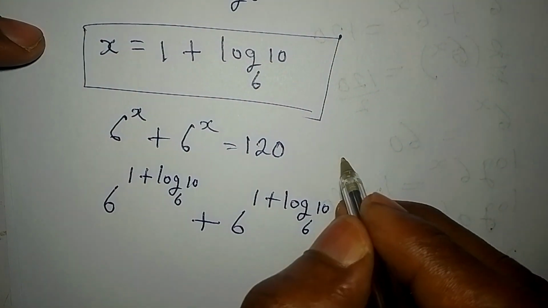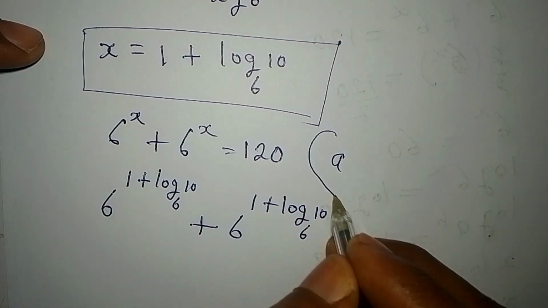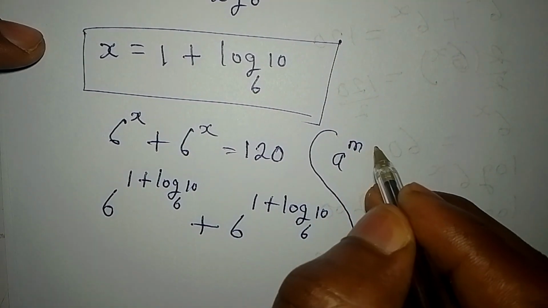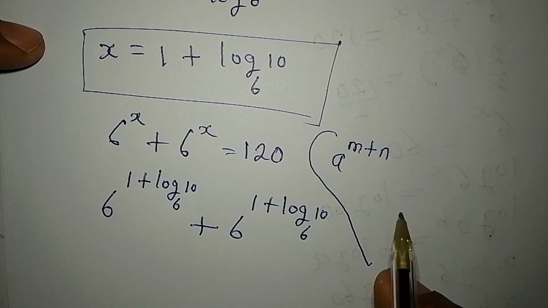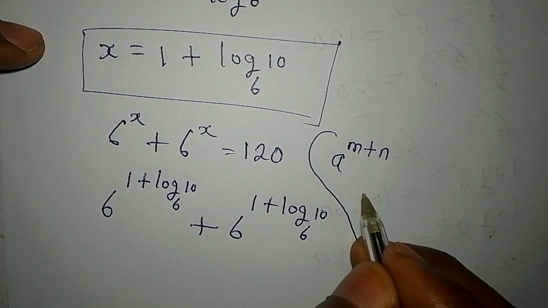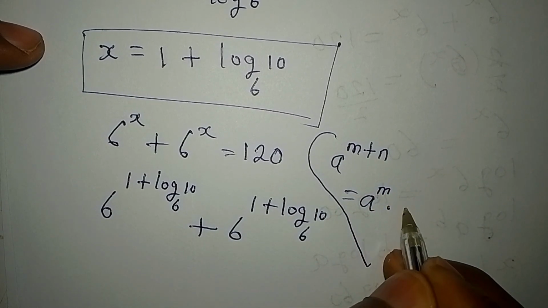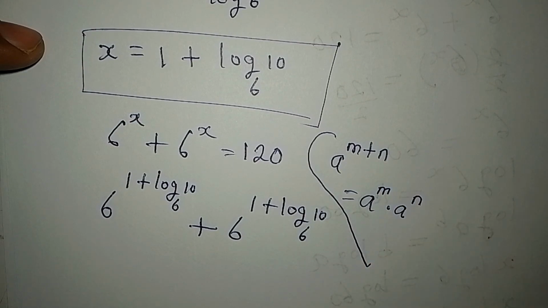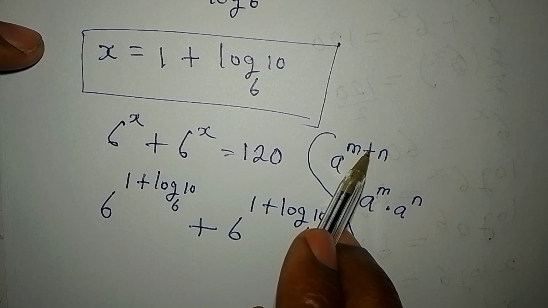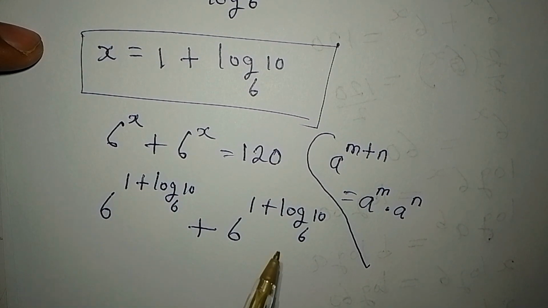If you have something like a to the power of m plus n, if you have anything in this form, this is the same thing as a to the power of m multiplied by a to the power of n. So you're going to split it in two. Why are we using multiplication? Because it is addition in the power.